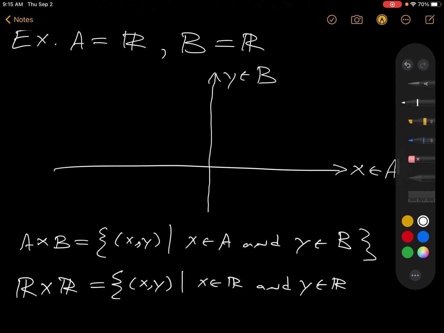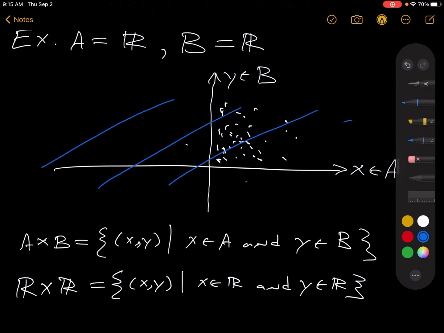This is R cross R. And it's all these points. It's that point, that point, that point, that point, that point. You think about just, if I was to tap every single point here, eventually I would fill out the entire plane. Right? So the xy plane is R cross R.